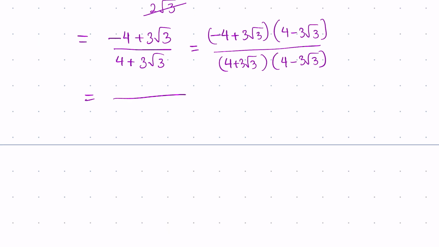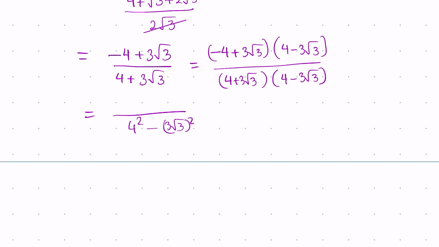In the denominator we get 4 squared minus (3 root 3) squared. In the numerator, if we take minus 1 out, this becomes plus, this becomes minus, and outside we have minus 1. So that's nothing but (minus 4 plus 3 root 3) whole squared multiplied by minus 1.